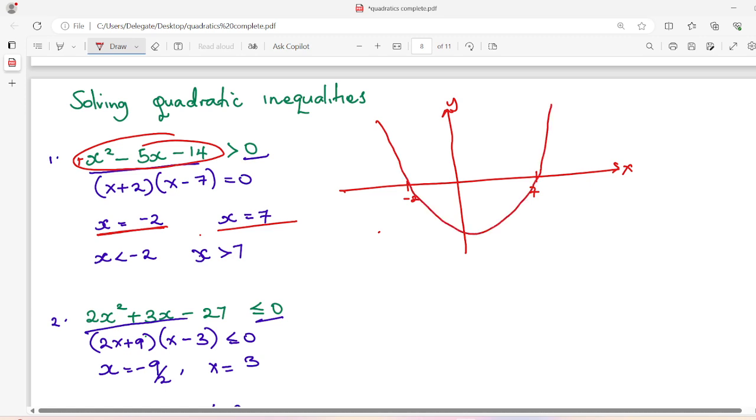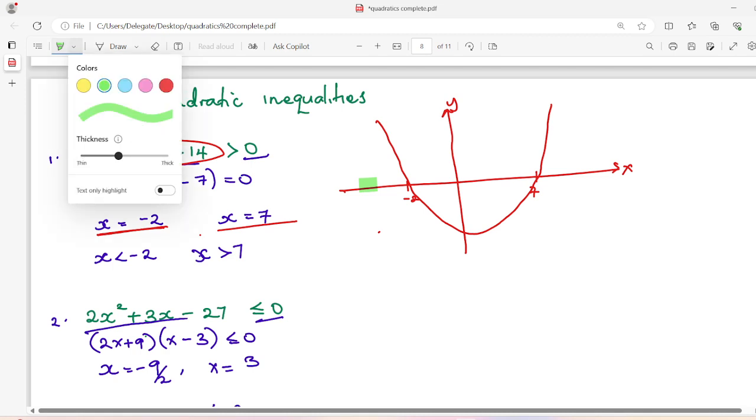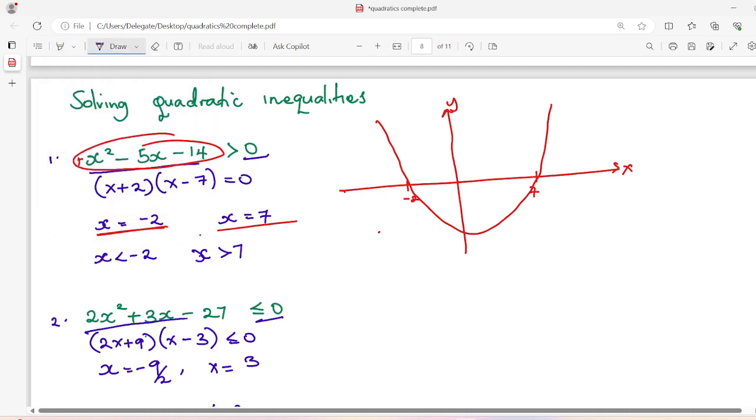So meaning, I am interested, so the x-axis is the line y equals 0. So meaning above the x-axis, the graph is positive, and below the x-axis, our graph is negative. From this point upwards, the graph is positive, and from this point upwards, the graph is positive, but between it is negative.